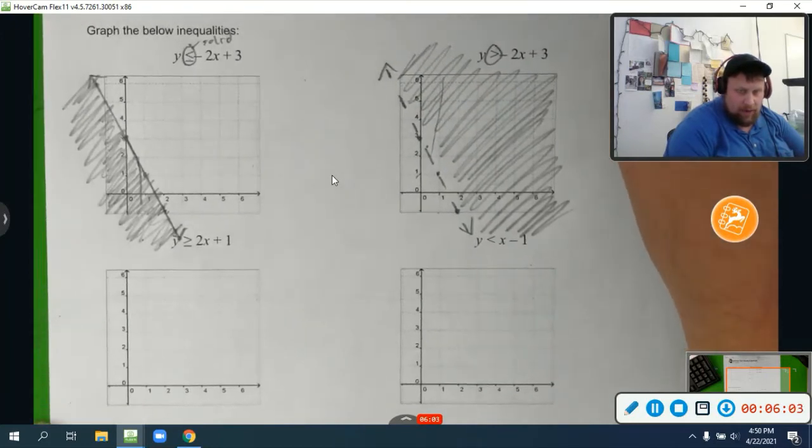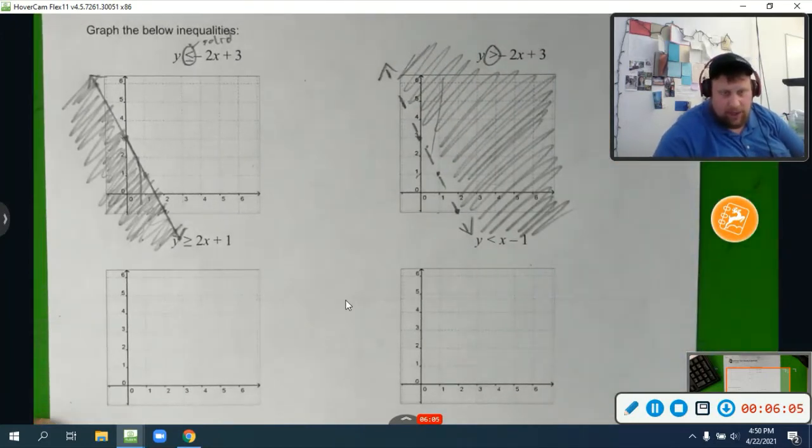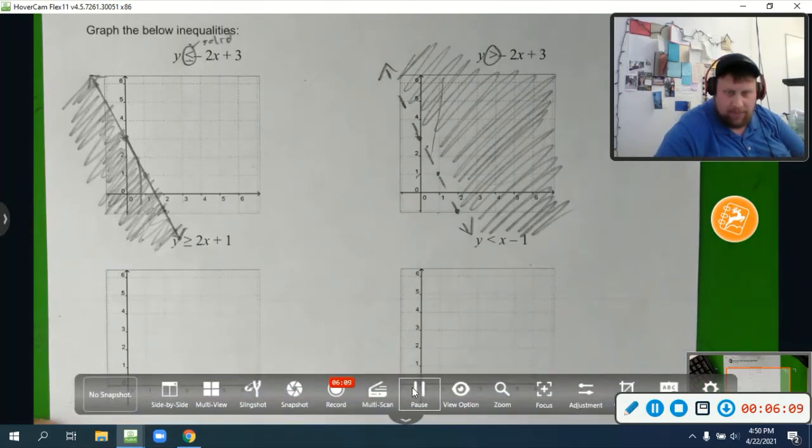Now let's do a couple of extras. I'm going to go ahead and pause it, give you a chance. So we have a start value of 1, a slope of 2. Remember, positive goes up instead of down. Let's go ahead and do this. Go ahead and try graphing it. Identify what kind of a line, right? It's greater than or equal to.